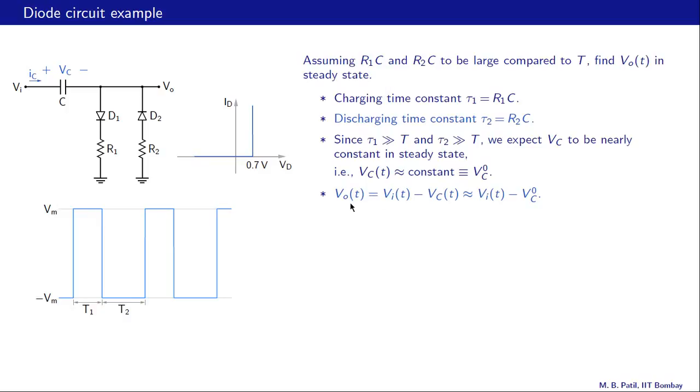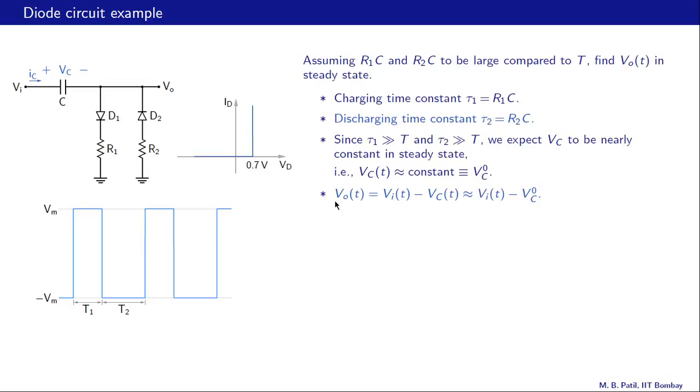And now we can get back to VO of t. What is VO of t? It's Vi minus Vc. So VO of t is Vi of t minus Vc of t, and the huge simplification that is made possible by this assumption is that the capacitor voltage is a constant.